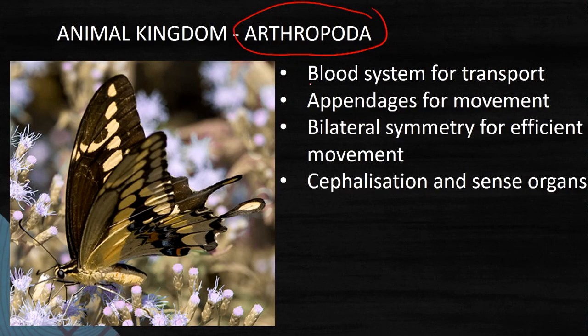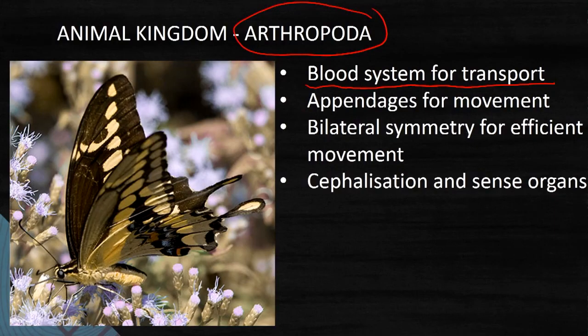They're effective because they have got a blood system for transport. None of the other animals we've looked at have had blood. They have appendages for movement. They can run, they can fly. Their body is organized in a bilaterally symmetrical way, which enables them to move effectively.